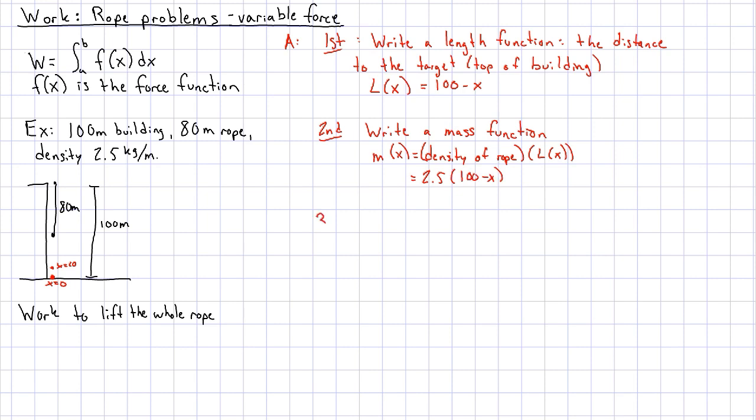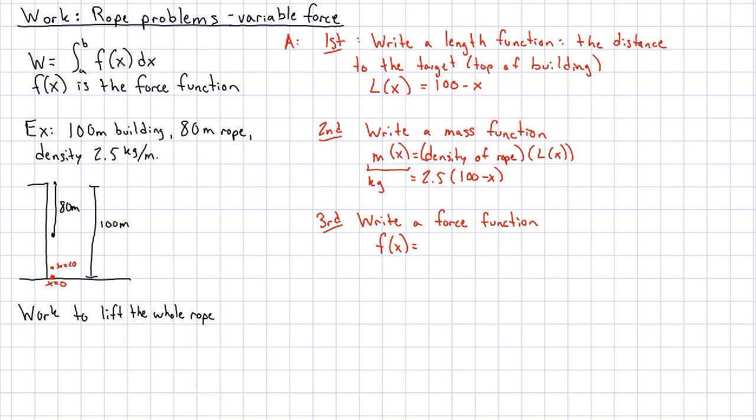The third thing I need to do is write a force function. My goal is to have an integral, but I need a force function to put inside my integral. I have an equation for mass, which is in kilograms, because my density was kilograms per meter, and I multiplied it by length in meters. So in order to write my force function, I need to multiply: force is mass times acceleration.